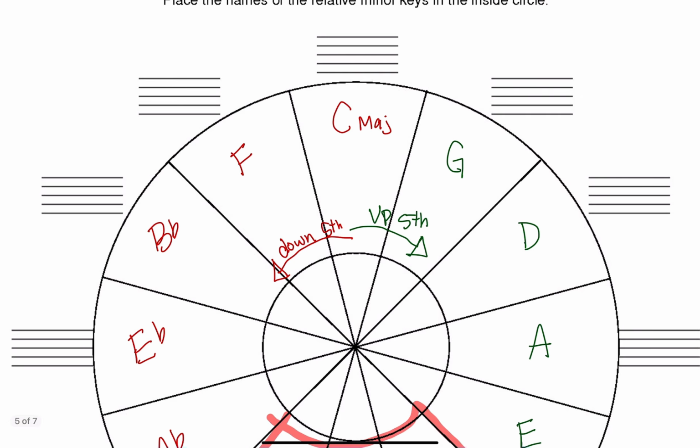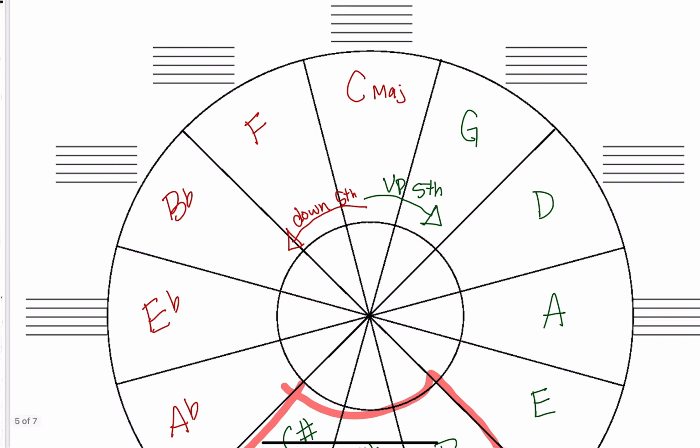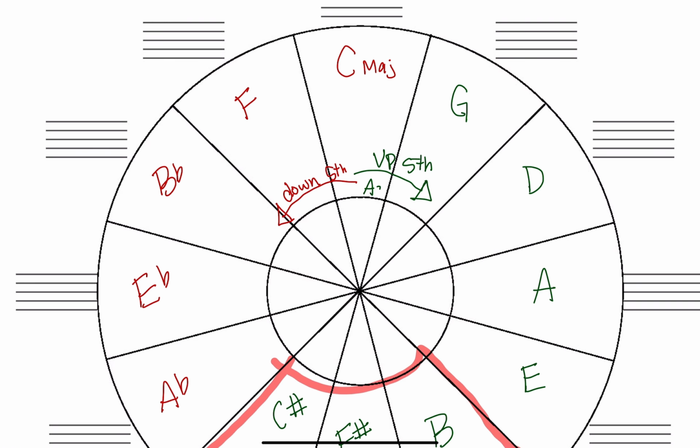Okay, now, as we go clockwise, not only do we go up a fifth, but we add sharps. And as we go down a fifth, we add flats. So, C has 0 flats and 0 sharps.